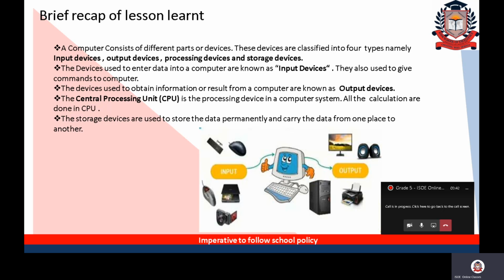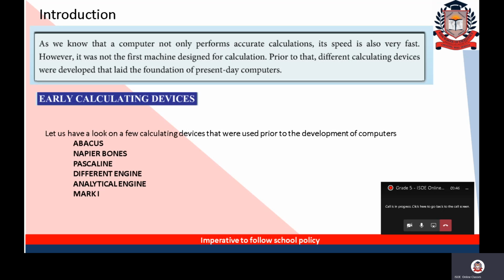Introduction: as we know, the computer not only performs accurate calculations, its speed is also very fast. However, it is not the first machine designed for calculation. Prior to that, different calculating devices were developed that laid the foundation of present day computers.